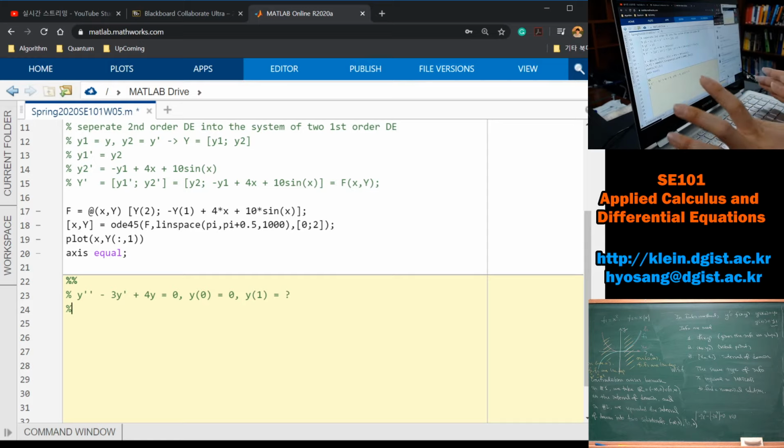In order to split this into a system of differential equations, let's say y1 is y and y2 is y prime.